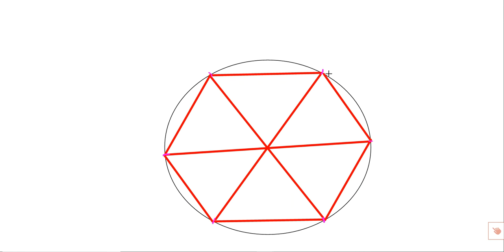Now, do you remember the equation for the circumference of a circle? Radius times pi. So the circumference of the circle is actually the diameter times pi.